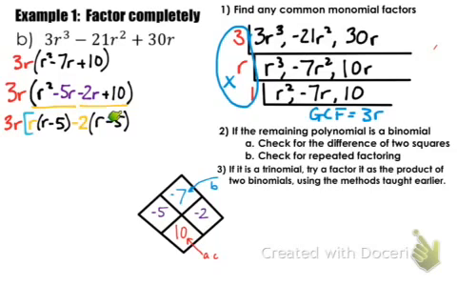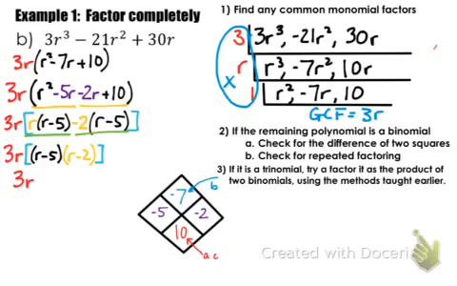Essentially, we're dividing 10 by negative 2, which gives negative 5, and negative 2r divided by negative 2 is just r. Then both groups have a common binomial factor of r minus 5. So we're left with 3r on the outside, factoring out the r minus 5, and in the first group we have an r, in the second group we have a minus 2. We don't need the brackets anymore, so we rewrite it as 3r times r minus 5 times r minus 2, and this is factored.